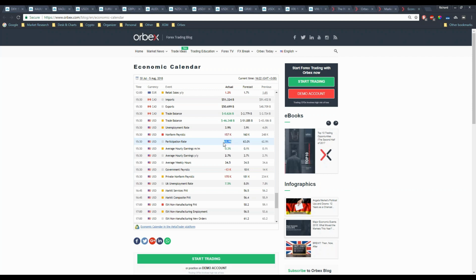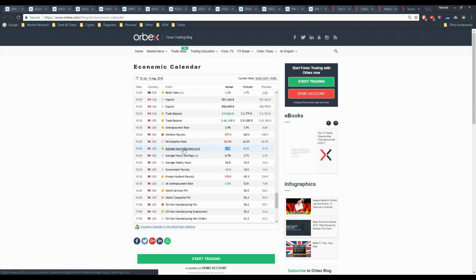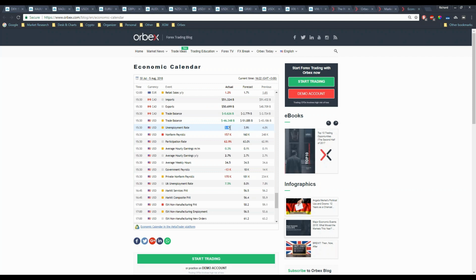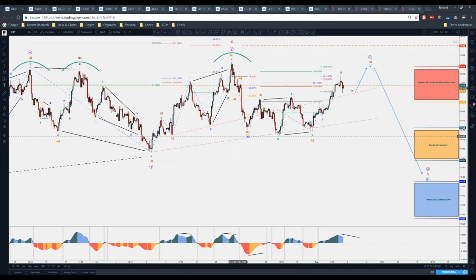We have a decrease in the participation rate, but a rise in the average hourly earnings. As I said, this is a good sign for the USD, and also the unemployment rate is decreasing, to be honest. So the data is split. It's mixed. It's up to the US dollar to pick a direction right now.